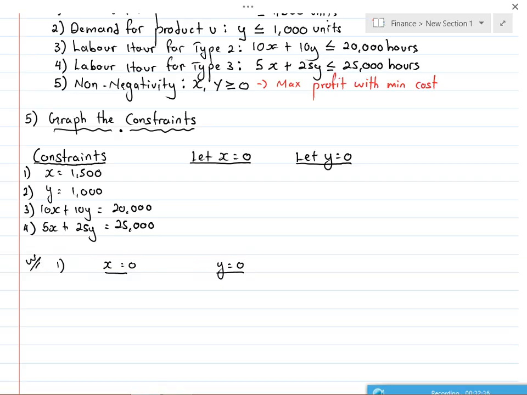When I say x equals 0, what's your equation over there? X equals to 1500. When you substitute 0 inside, what will happen? X becomes 0. That's all.